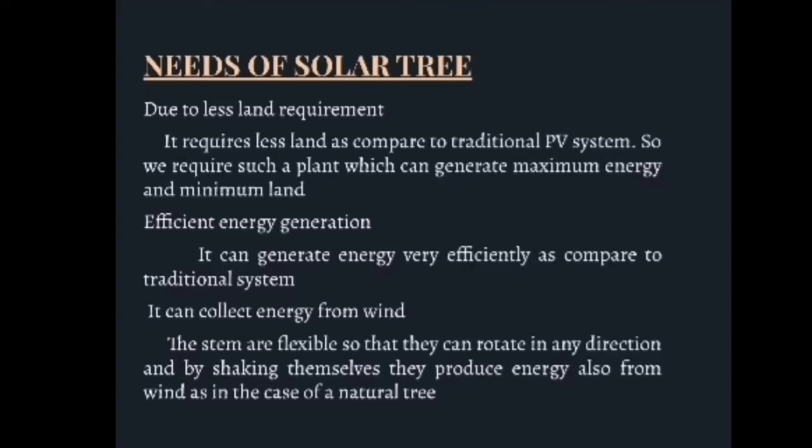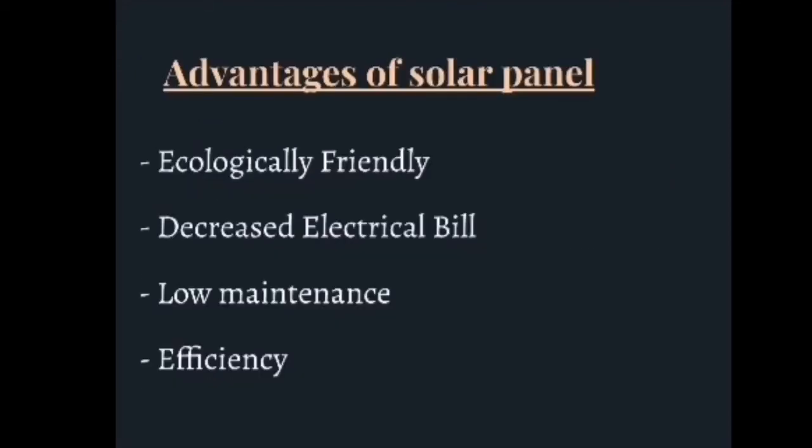The stems are flexible so that they can rotate in any direction, and by shaking themselves they produce energy from wind as in the case of a natural tree. The advantages of solar panels are: ecologically friendly, decreased electrical bill, low maintenance and efficiency.